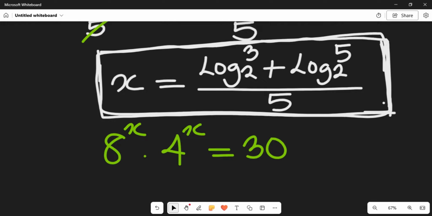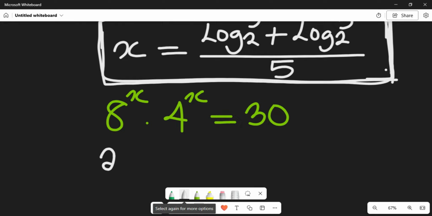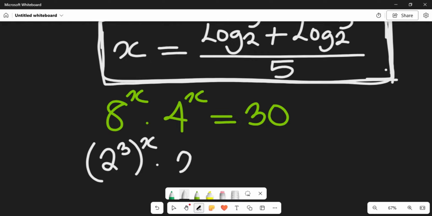Now, if we input this whole solution as the value of x here, we can easily solve this question. From this whole expression, you find out that initially, just as we did, this is 2 to the power of 3 multiplying x, multiplied by 2 to the power of 2 multiplying x, and this is equal to 30.